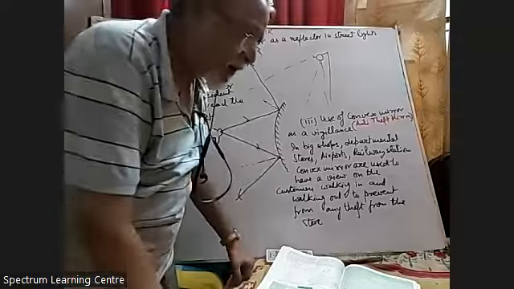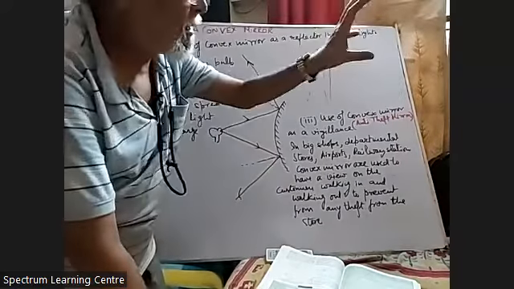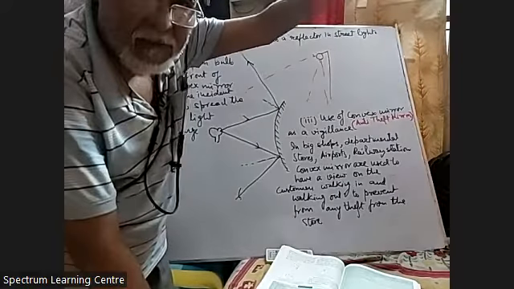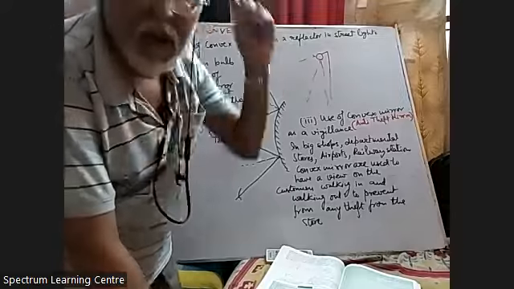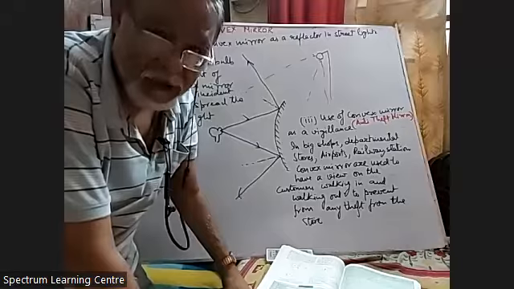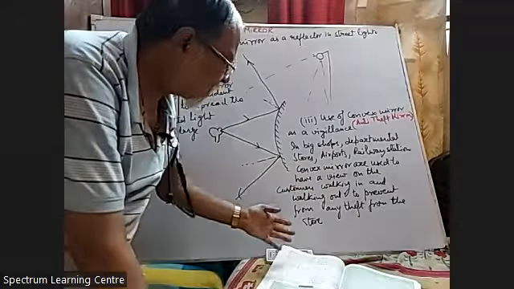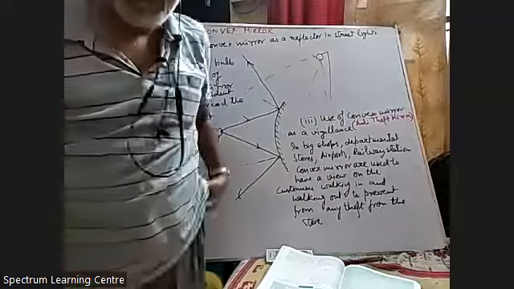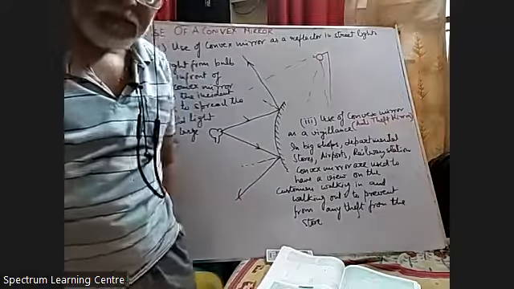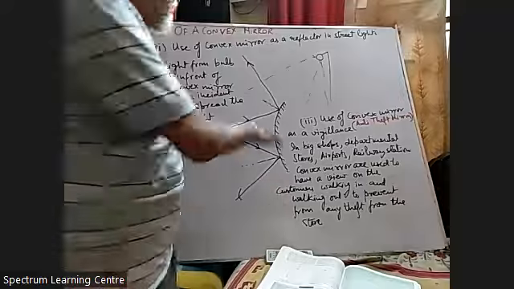If I am sitting at the billing table and a small convex mirror is installed at the corners of the shop, I can see what is happening in the entire shop, walking in or walking out. If someone is taking something and putting it in his pocket, he will be caught. But nowadays these are not used.